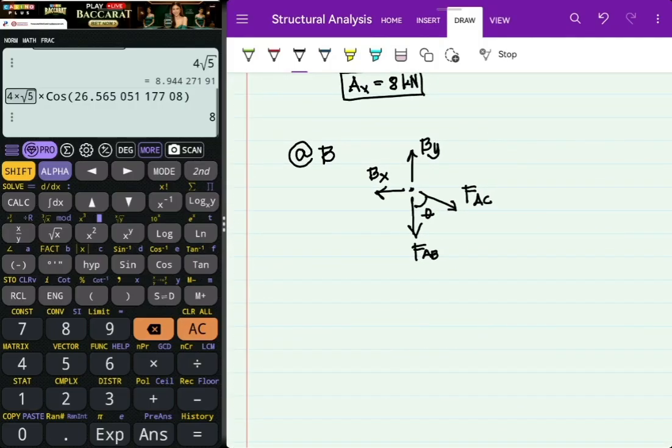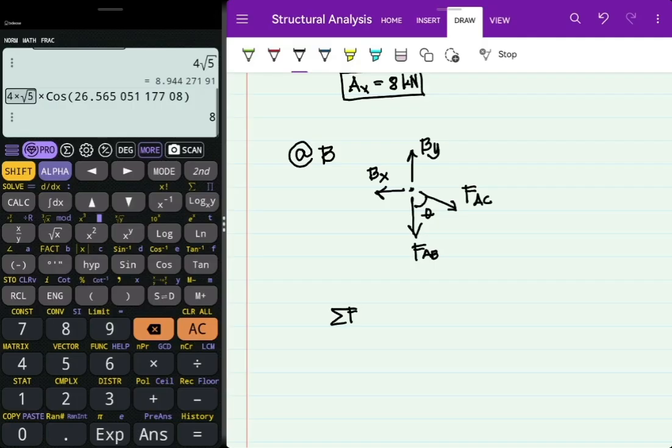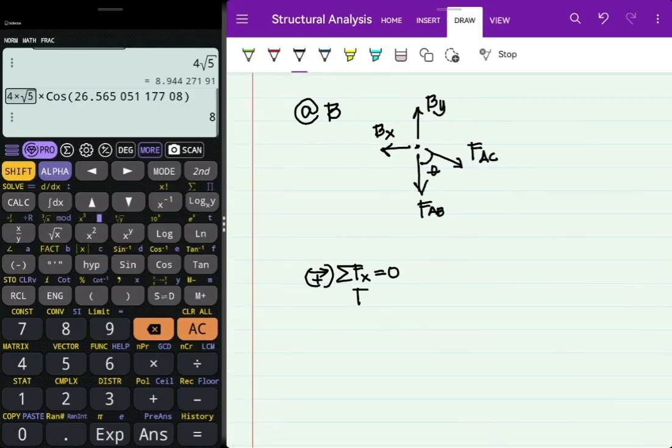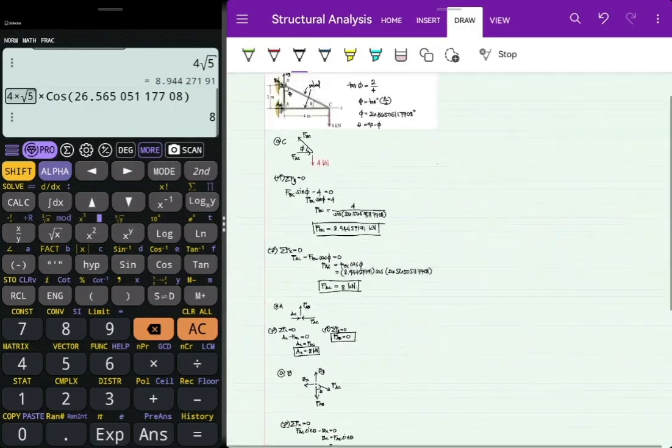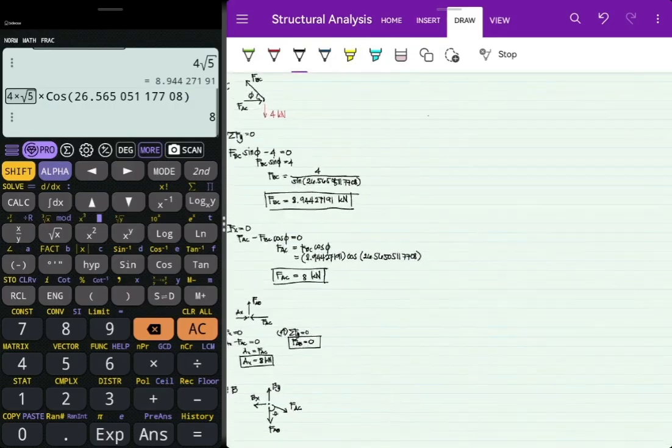Now we can say summation of forces x is equal to 0, assuming going to the right positive. So this is FAC, and that is sine theta minus BX is equal to 0. BX is equal to FAC sine theta, wherein FAC is how much is here?